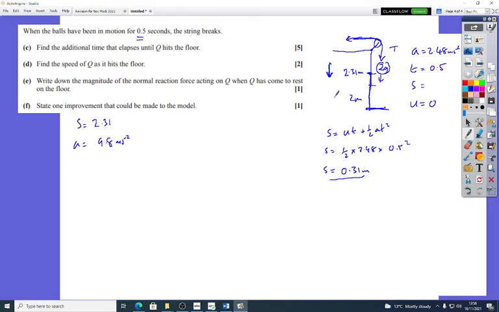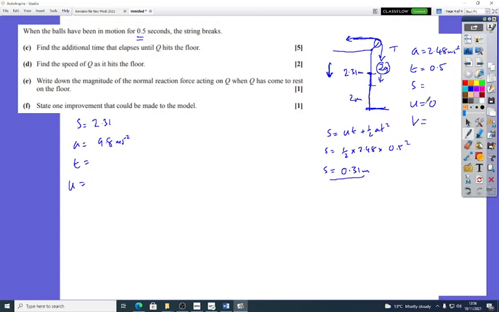And then, what else do I know? I want to find t, and what I can find is the initial speed. The initial speed here is the final speed when this was in motion, and that will be the initial speed of this scenario when it's coming down. So let's see if we can find the final speed under these conditions.